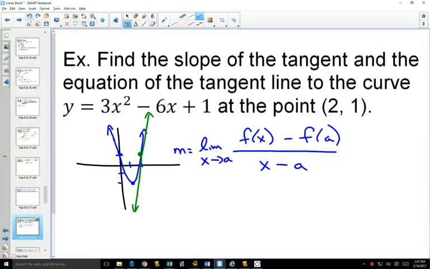And a can be any value. So in our example, we want to find what the slope is as x gets close to 2, because we're trying to find the slope at the specific point 2, 1. So our x value is getting close to 2.